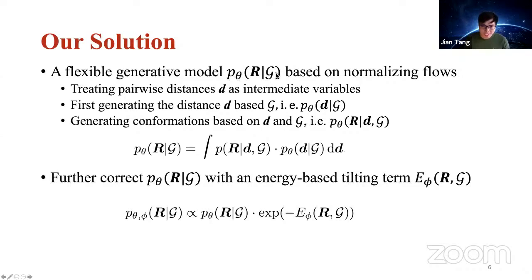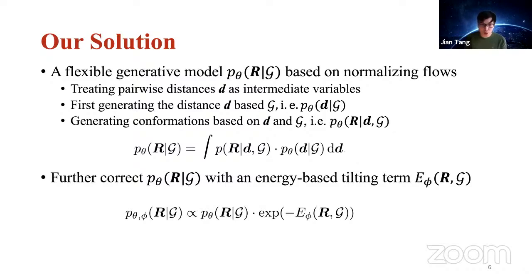In order to model this distribution, our process of conformation generation can be divided into two stages. First, given the molecular graph G, we generate the pairwise distances between the atoms, which we call D. Once we generate the distances between the atoms, we further generate the conformation R based on the distances and the molecular graph G. The good thing about first generating the pairwise distances D is that the pairwise distances among the atoms are translation and rotation invariant.